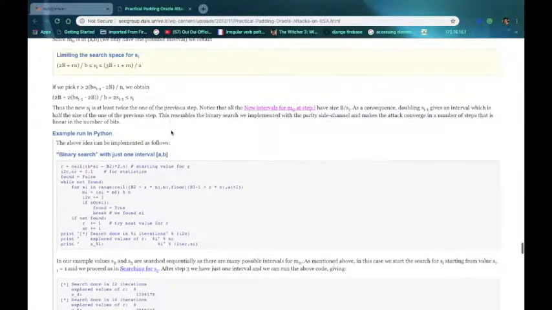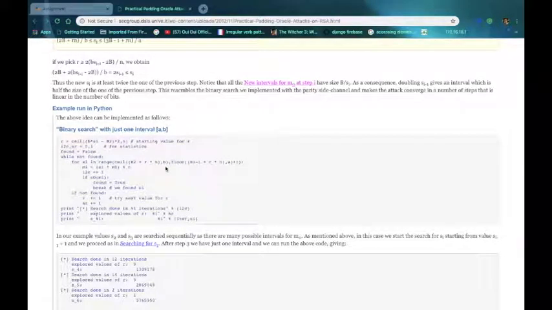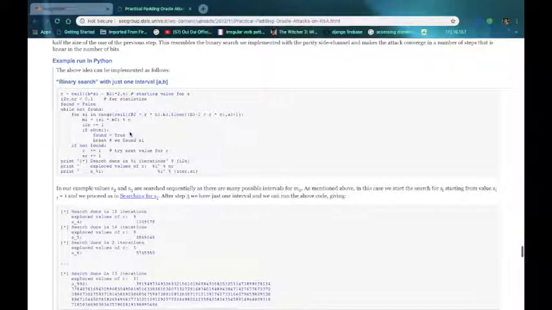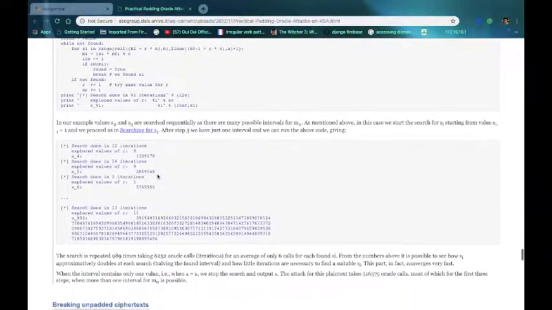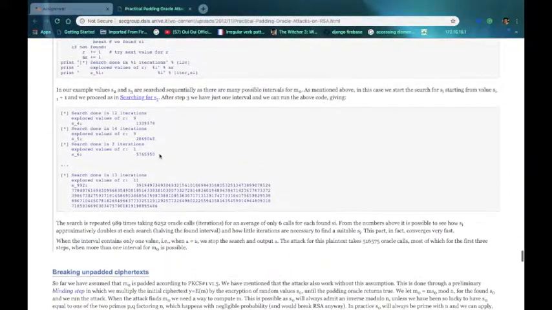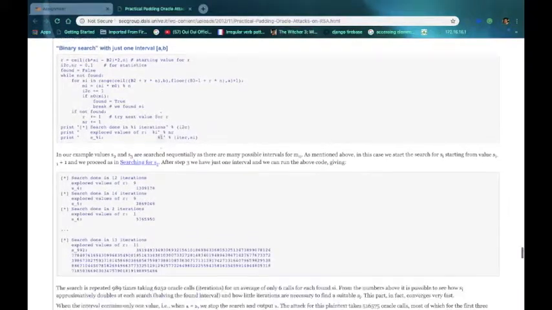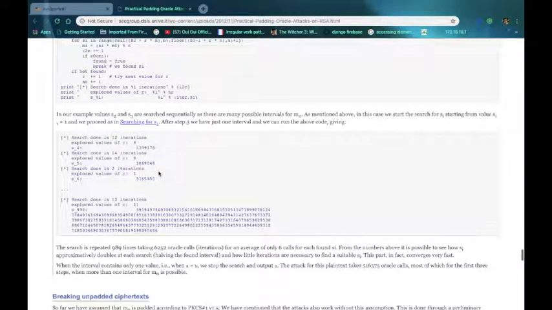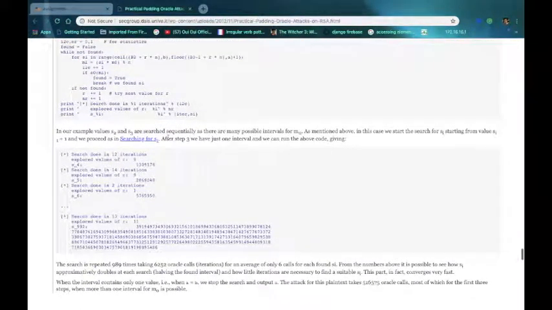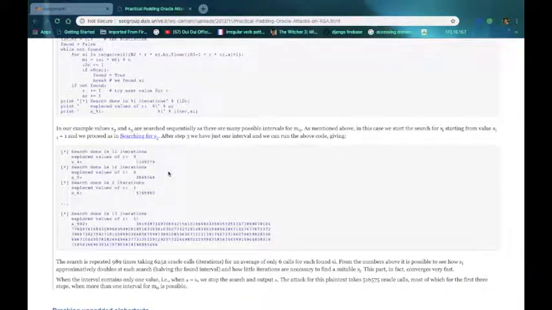This actually models a binary search in which we are reducing the search space by half. After doing this, we try to find an interval such that the upper bound and the lower bound become equal, and we find the exact Si that could give us the exact value of the message we had already sent.